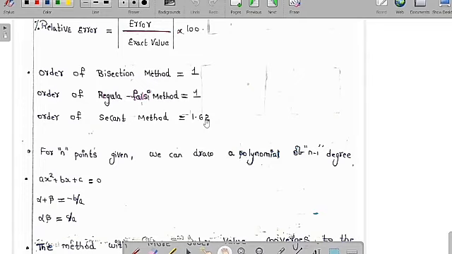If the order of a method increases, that method is faster, meaning it takes less time to get the value of the exact root. Simply, as the order increases, we get the exact root within a very small amount of time, taking fewer iterative steps to figure out the exact root of a function f of x.